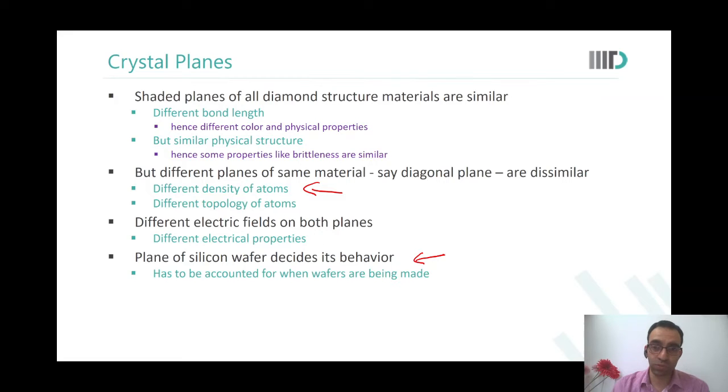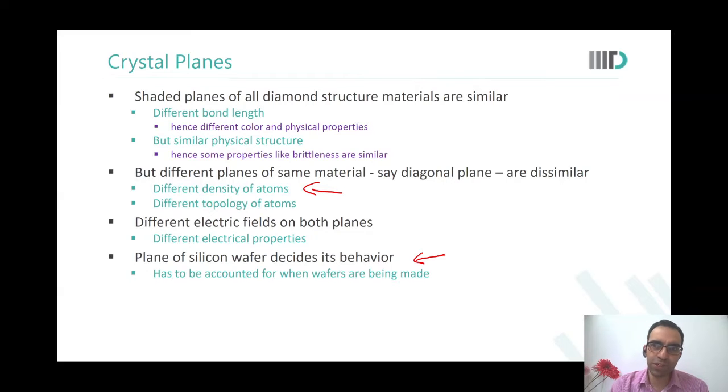No. So what we are saying is that when we want to make silicon crystals for fabrication purposes, the electrical properties of the crystal are different across different planes, and I have all my models and all my process assumptions based on one kind of plane, so I would rather have my electrons flowing in that direction.